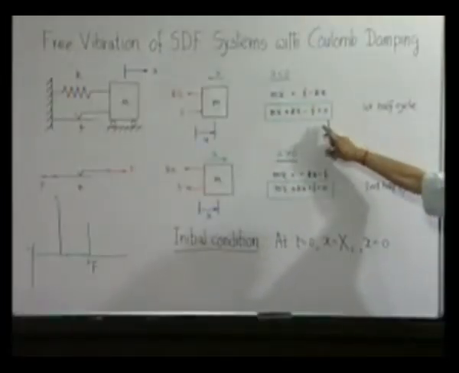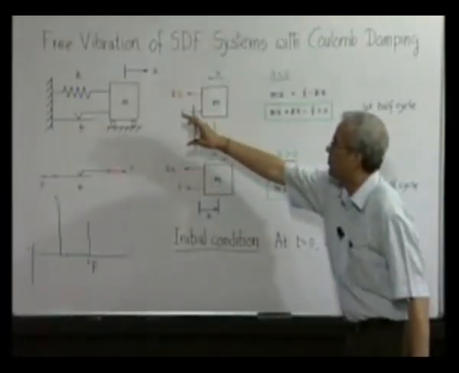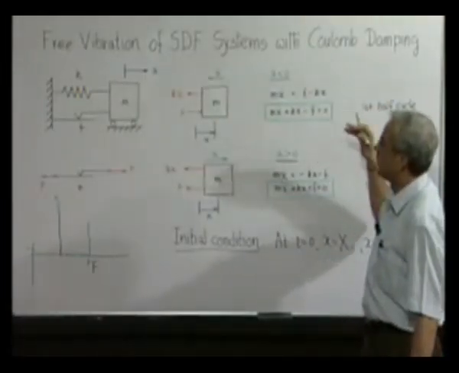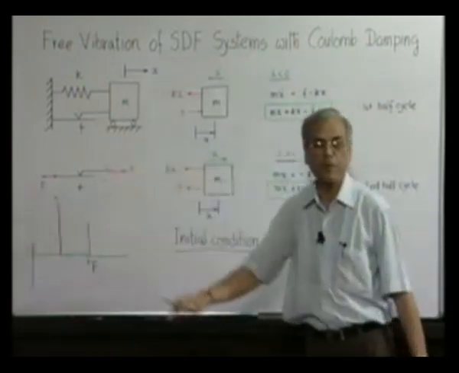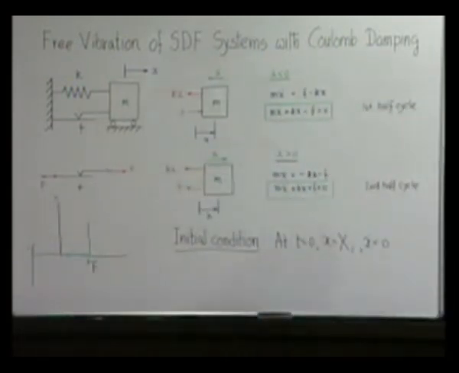This is the equation of motion, because once you bring it to this rightmost position and leave it, the mass will go towards the left because of the spring force. That means x dot is negative, and this is the equation of motion which will be valid.